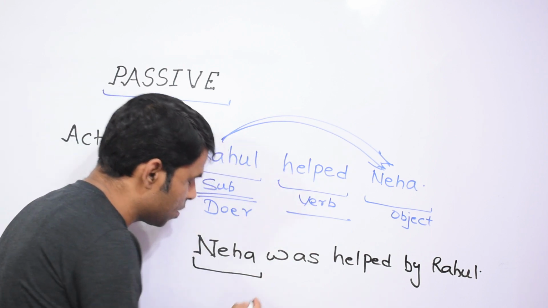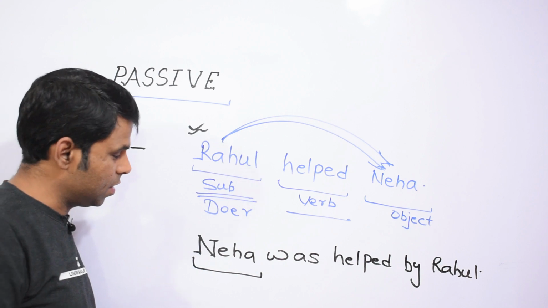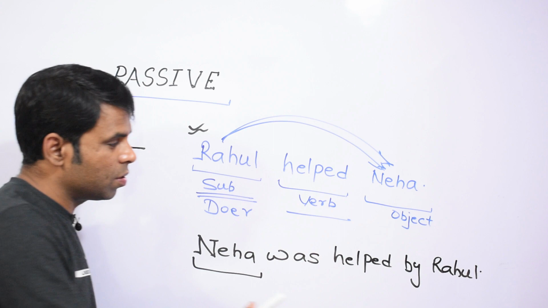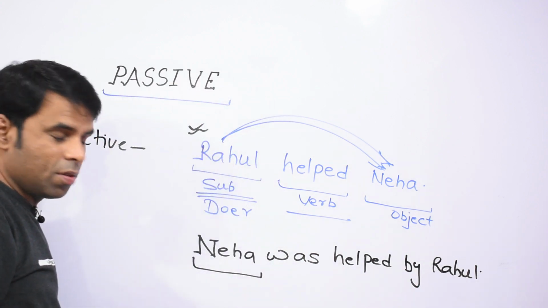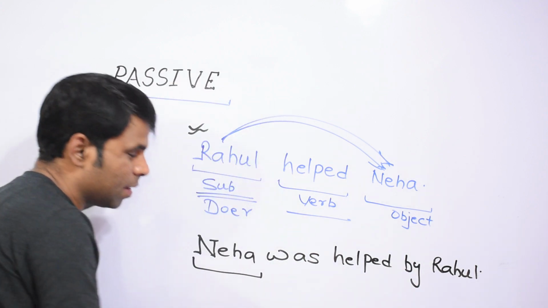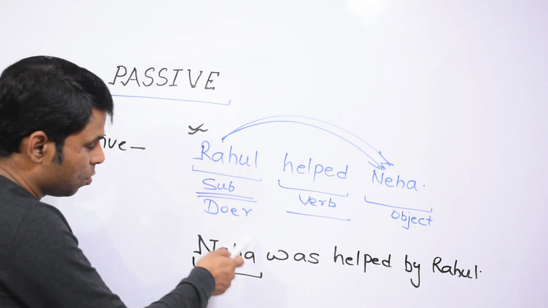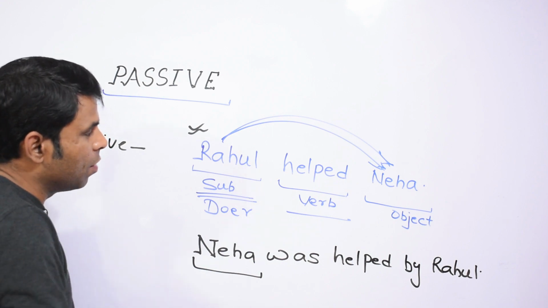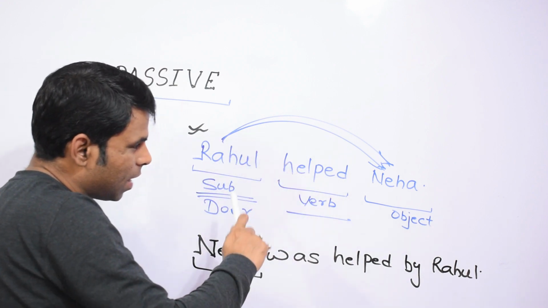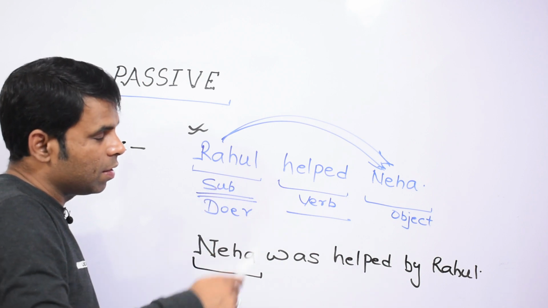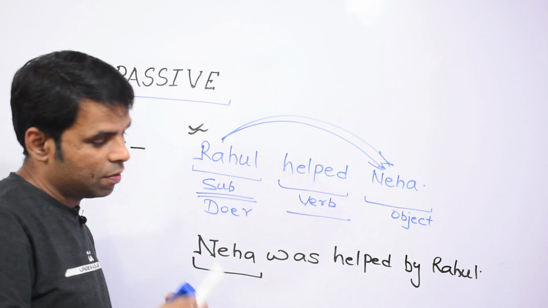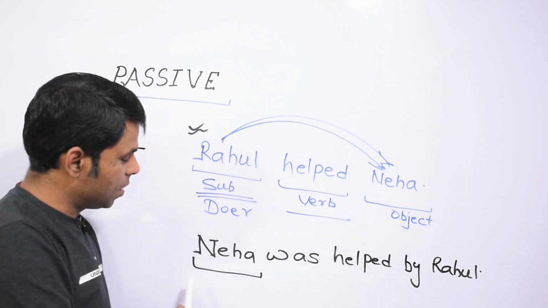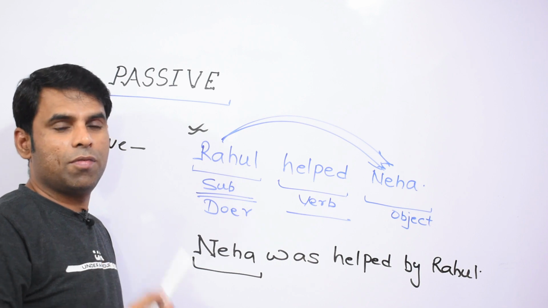So now this has become the subject of my sentence, and this is the passive verb. Here I'm not talking about the person who did the job. I'm talking about a person who was impacted by that job, a person who received it. So there we use the passive form. When we convert an active sentence into a passive one, the object of the active sentence becomes the subject of the passive sentence.